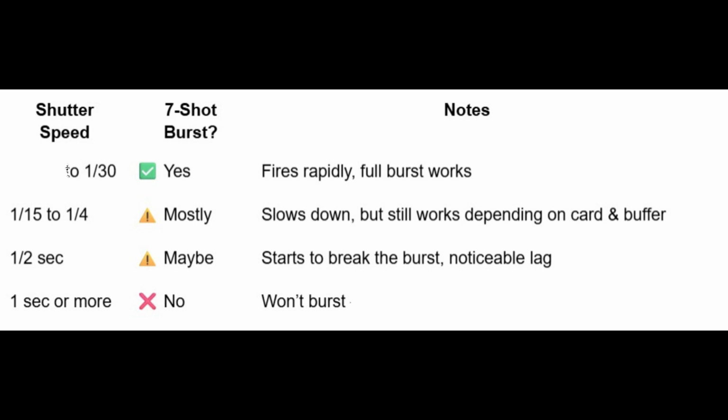For example, let's say I'm shooting at 1/250th of a second. The Canon 90D will fire off all 7 automatic exposure bracketing shots in a single burst, no problem whatsoever. Let's say I now bring my exposures down to 1 second each.